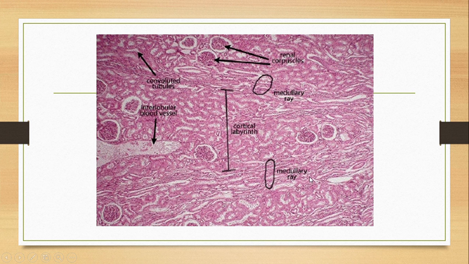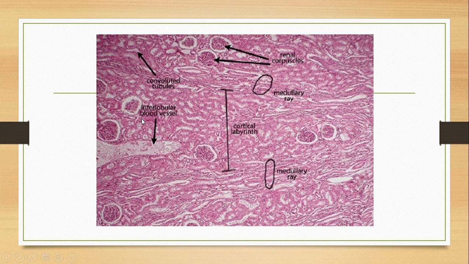Here you can see the small rounded structures, they are the PCTs, and the elongated spaces are the DCTs, the distal convoluted tubules.